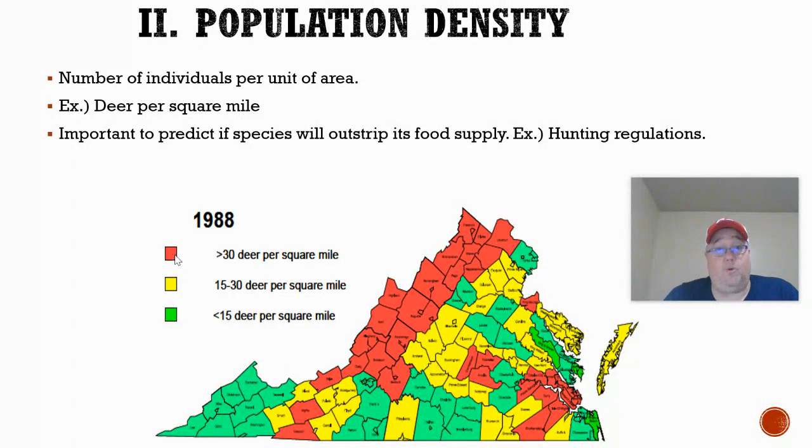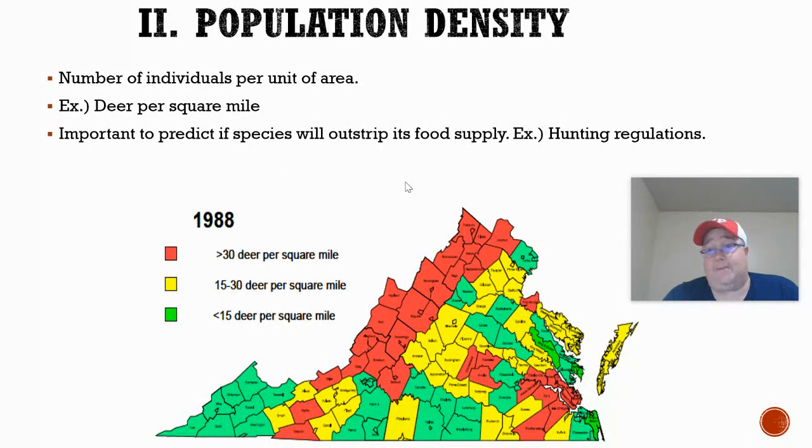Whereas the areas in red have more than 30 deer per square mile. So, density is how many individuals per unit of area. If your unit of area is a square mile, you're counting up how many deer there are per square mile. That's what a density is.